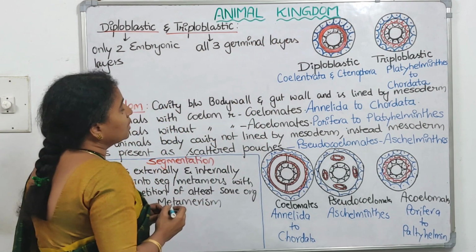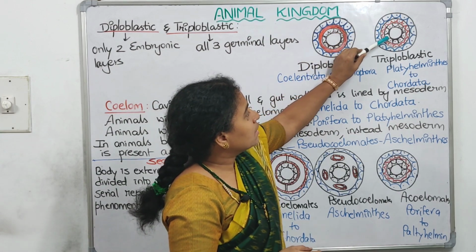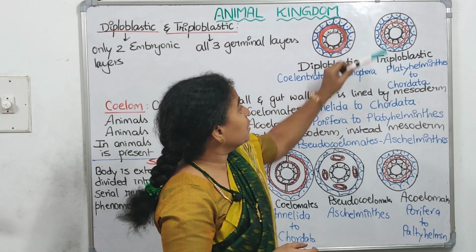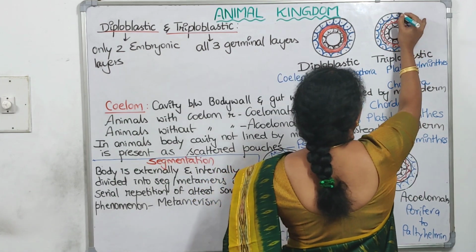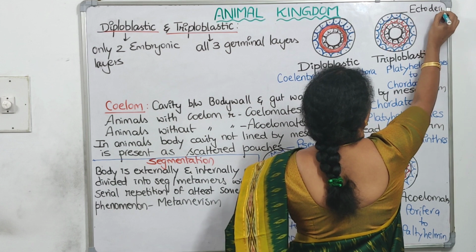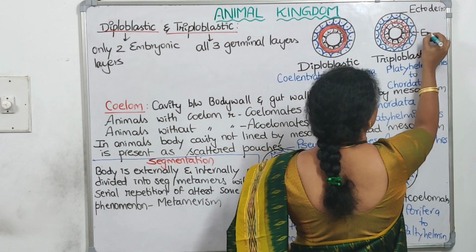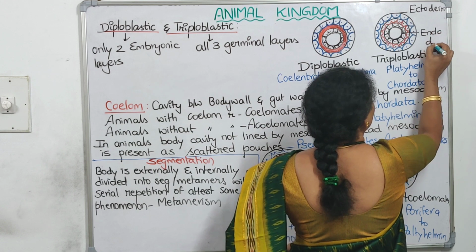What are the three germinal layers? The outer one is ectoderm, the inner one is endoderm, the middle one is mesoderm. What is this outer one called? It is ectoderm. And what is the inner one which is lining the gut called? This is called endoderm.